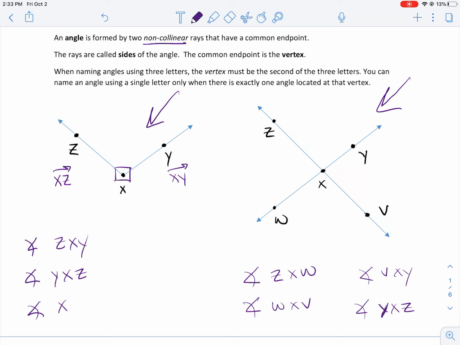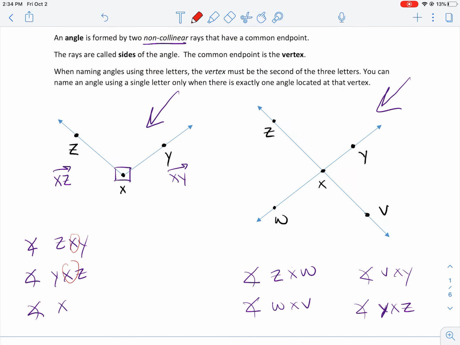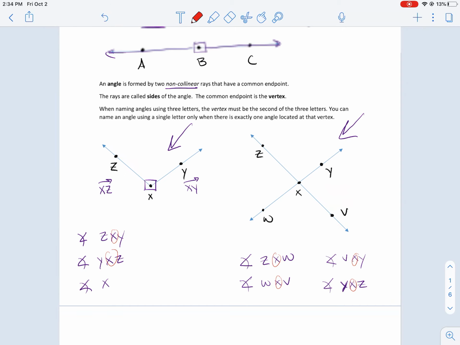Okay, it's important to note what comes in the middle of all of those, that X. So whenever you're referring to an angle by name, you need to make sure that whatever letter or number is associated with that vertex goes in the middle. Okay, all right, let's keep going.